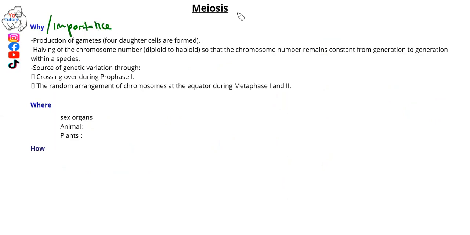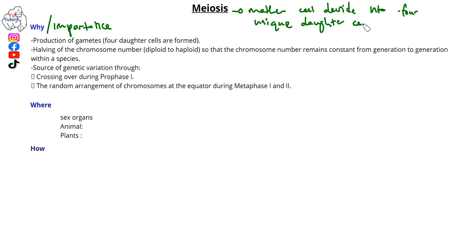Meiosis is the division of a mother cell into 4 unique daughter cells.